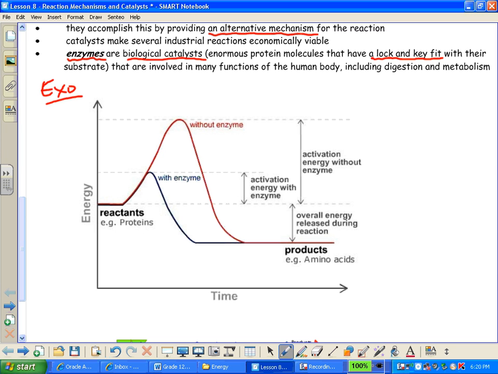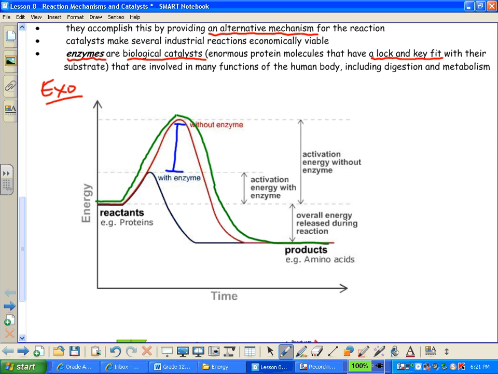Energy is being released. So we start out with our reactants. I'm going to pick a different color here. We start to gain that energy. We get enough energy to get up to the top of that hill, and then we can produce the products that we're looking for. If we have the catalyst instead, look at the difference in the amount of energy that is required to produce those products.